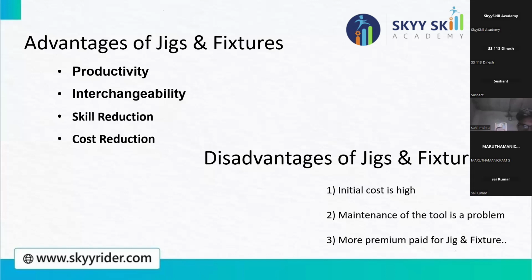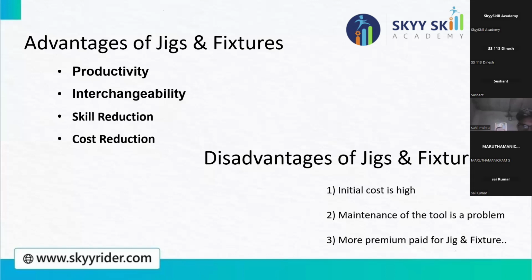And the interchangeability. Interchangeability is used to facilitate the production of similar components of uniform quality. Whenever you are making numerous components, you have to keep in mind that the component has to be of the same and uniform quality, so that whenever an assembly is required, selective fitting can be completely avoided.